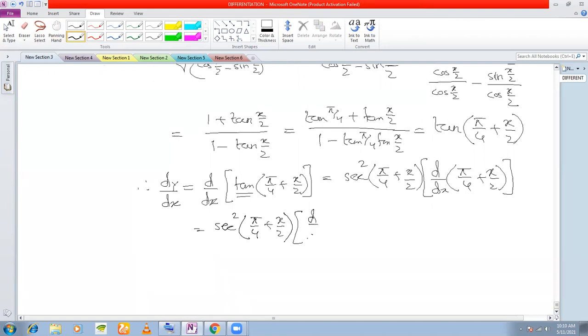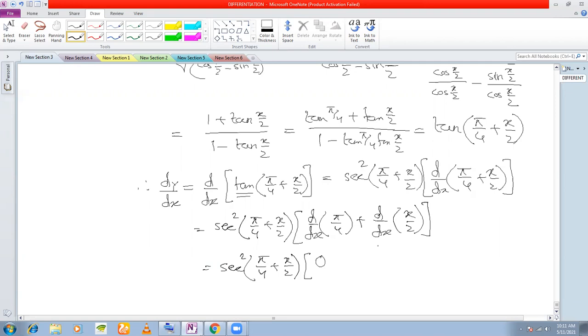So sec square of pi by 4 plus x by 2, into, let me just do one additional step here, ddx of pi by 4 plus ddx of x by 2. So this is 0. And what is the derivative of x by 2? Half.